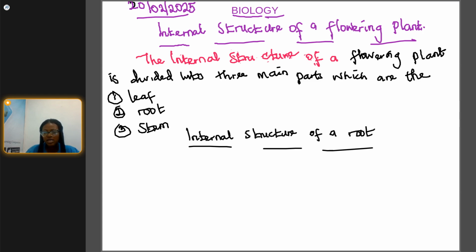So we want to look at the internal structure of a root. How does it look? What is it composed of? I am going to present it to you now.